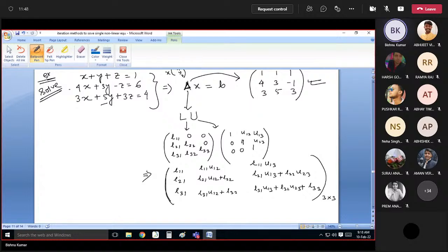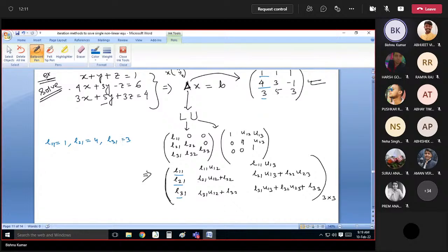In that way, you can calculate L11 equals 1, L21 equals 4, L31 equals 3.